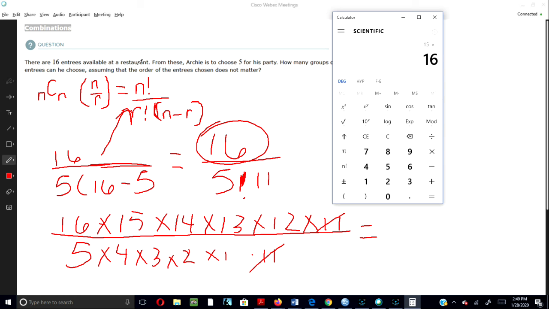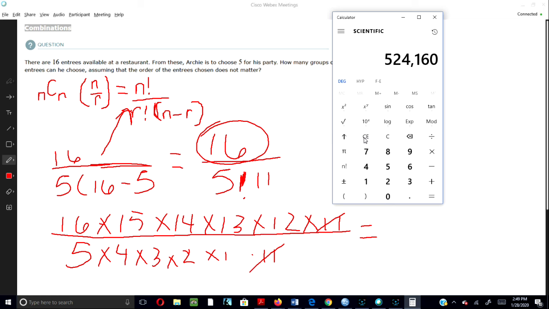So 16 times 15 times 14 times 13 times 12. And I think I had some old numbers in my calculator before because it's not right the first time.